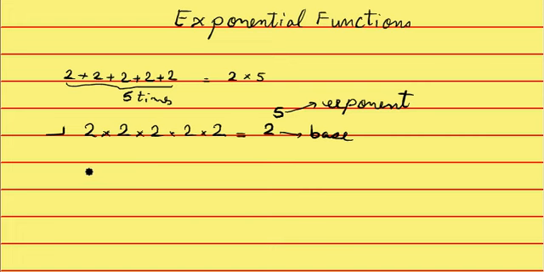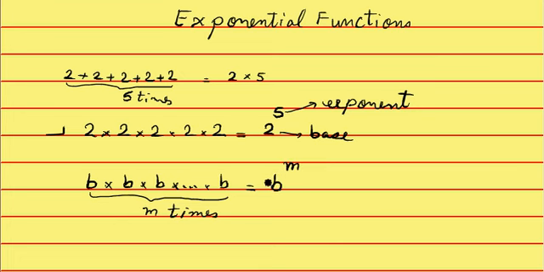So when we write something like b times b times b and so on, and indicate the number of repetitions, let's call it m times, where m would be a number like 2, 3, 4, etc., the abbreviation for that will be b to the power of m. Again, b acts as the base, and m acts as the exponent.